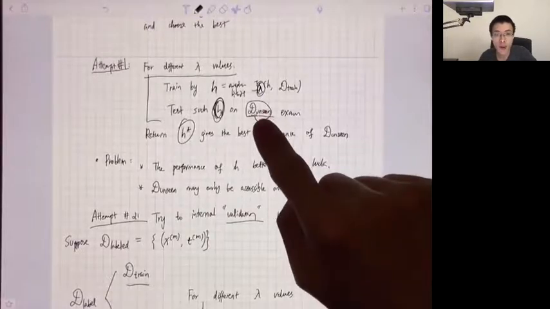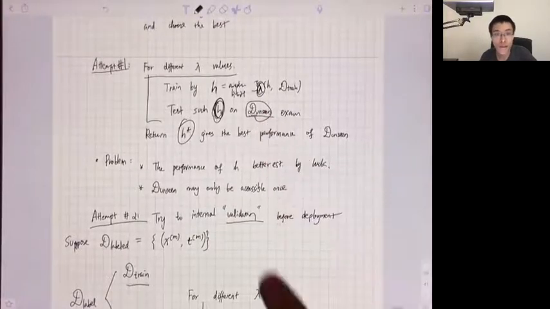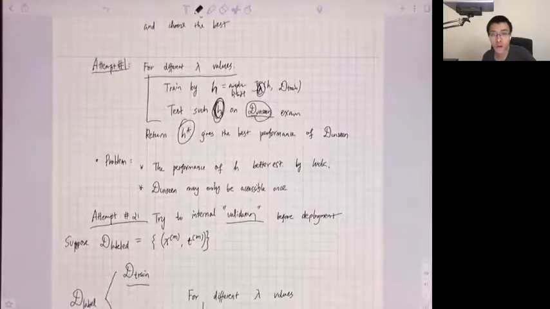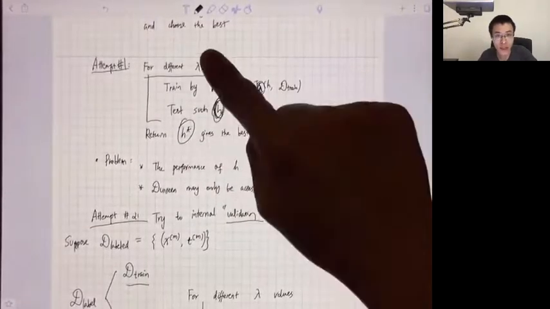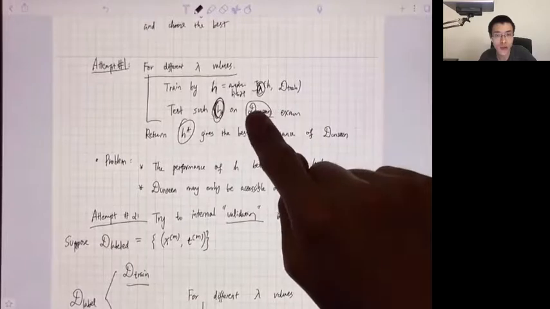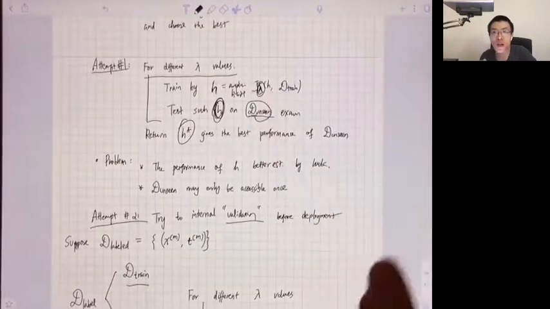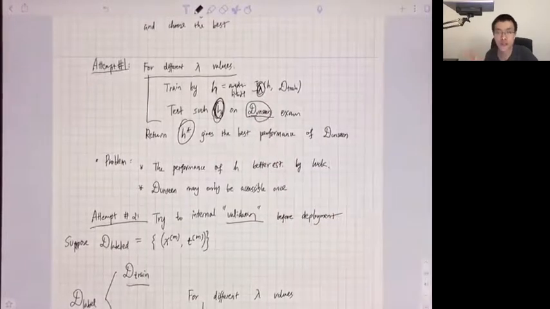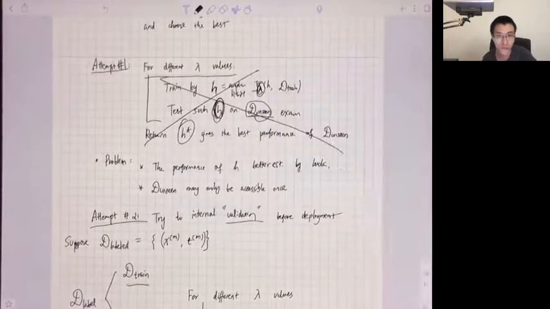Also, sometimes D-unseen can only be accessed once, and in the second round, when you would like to apply to D-unseen, it gives you runtime errors and no access, okay? So this is wrong. This is a very bad practice of machine learning. Some people do it in machine learning papers or application papers, but this is no good.